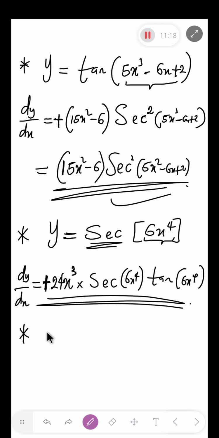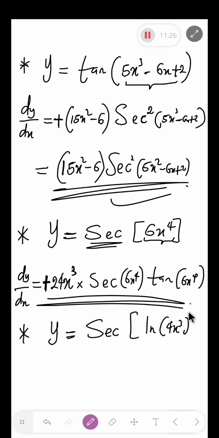What if y is equal to sec of ln of 4x cubed? What will this result to? So my dy over dx will be equal to, sec is always positive. Differentiate this expression here, and I believe you already know the pattern for this kind of function, which is a logarithmic function.